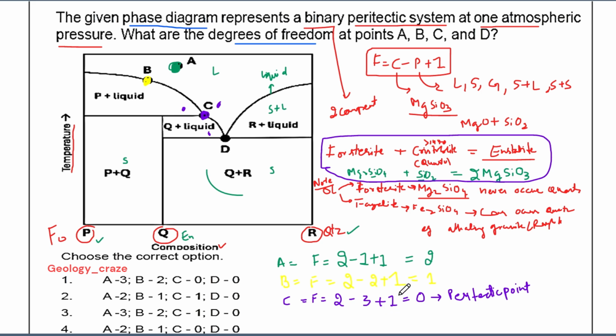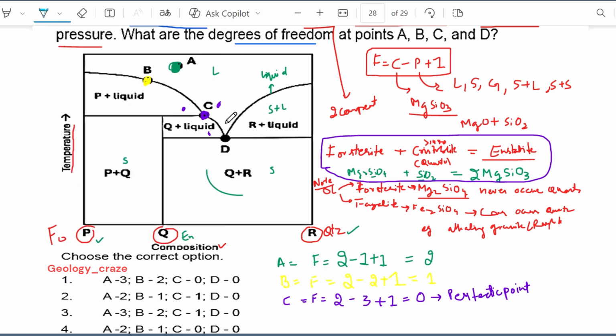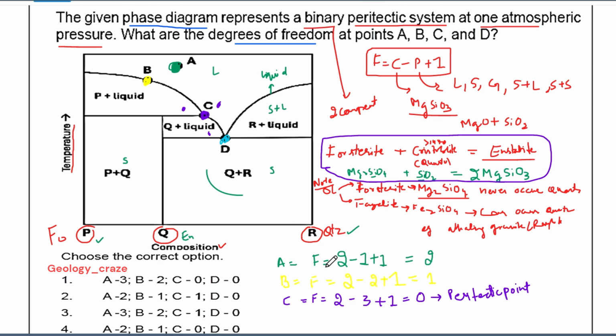So next is option D, at point D. So I will change the color for D also. Suppose this is our D. So at D, what is the degree of freedom? Component is 2. Now how many phases? Be careful, now what I'm going to tell you.